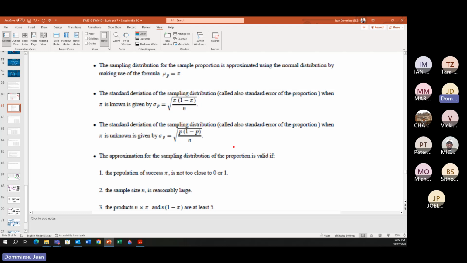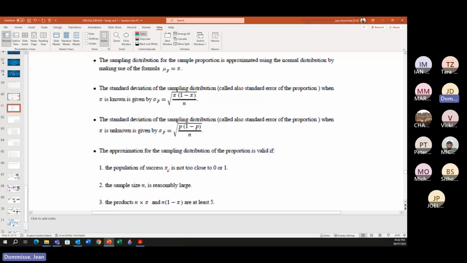The other thing that is important, and we see it in the mean as well, is whether the standard deviation is known or unknown. So with your proportions, there are two different formulas that we will use if it is known or unknown.